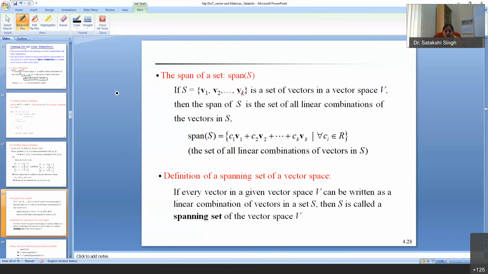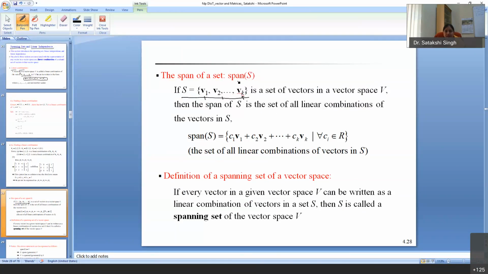Next, we have what is the spanning set, the span of a set S. Let us say you have been given some set S. This set S has the vectors in it, V1, V2, and so on up to Vk.